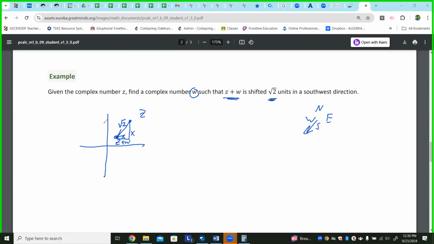A triangle. And how do we solve triangle sides? Good. The a squared plus b squared equals c squared concept, the Pythagorean theorem. Well, I don't know my a and b, but I want them to be the same, so it makes my math work out. So this is now x squared plus x squared equals, what's my c? The square root of 2 squared.